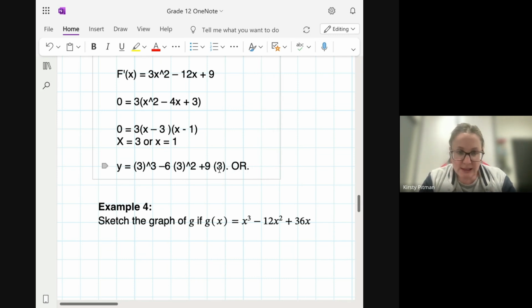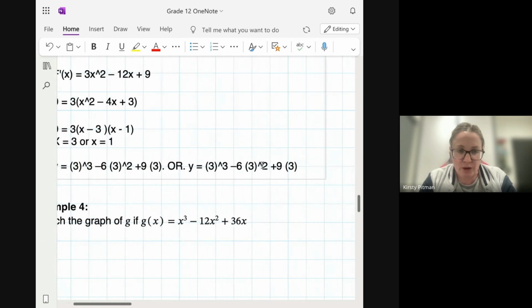For the other one it's going to be exactly the same, but instead of seeing 3, what are we going to see instead? We're going to see 1.